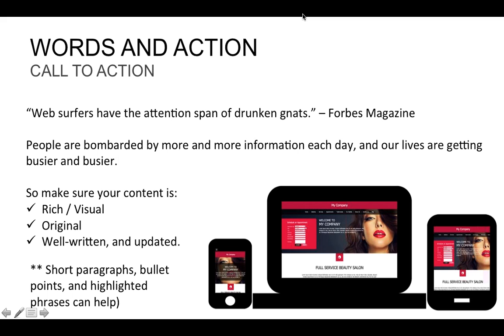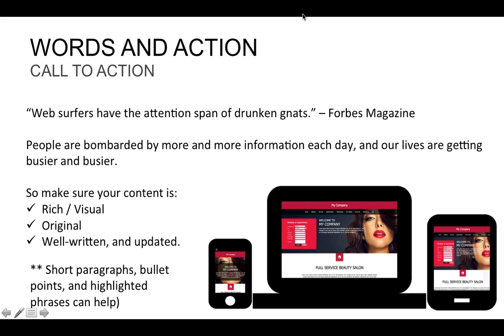Do you want it to sound incredibly professional and New York Times worthy, or do you want it to sound more hip and cool and more like something that Google or Apple would put out? Either way, your writing should have a voice, and it should be your voice. It shouldn't be someone else's voice.